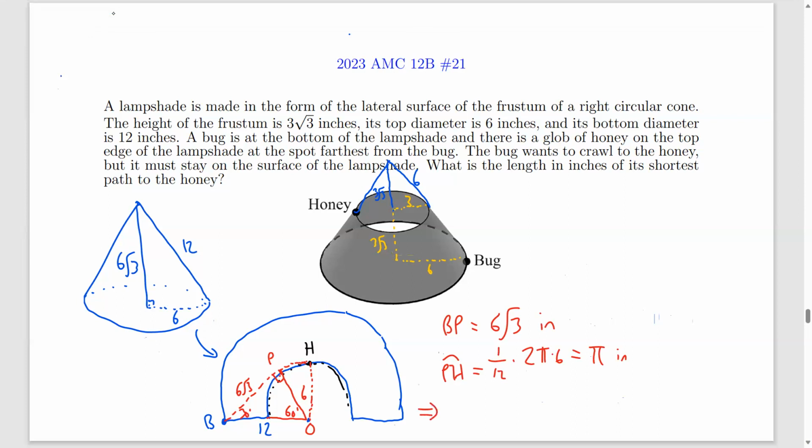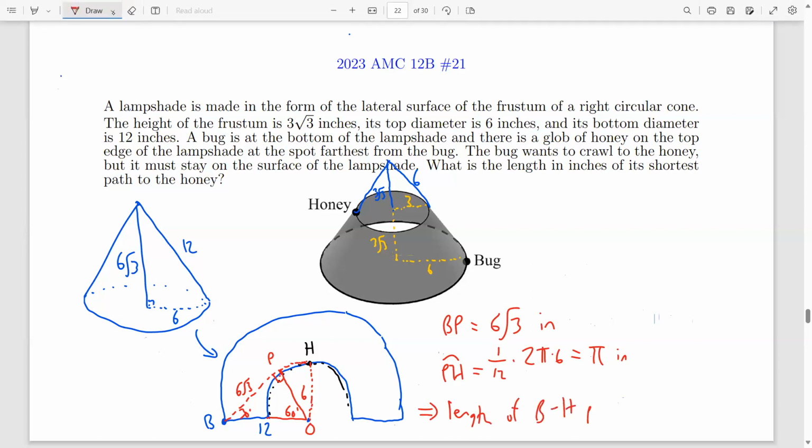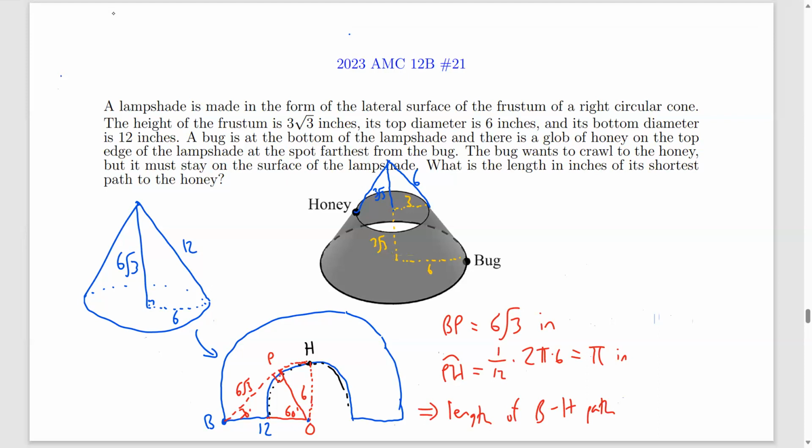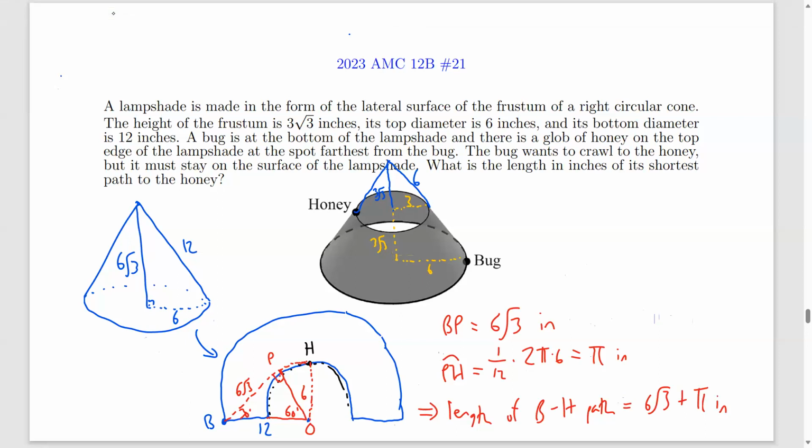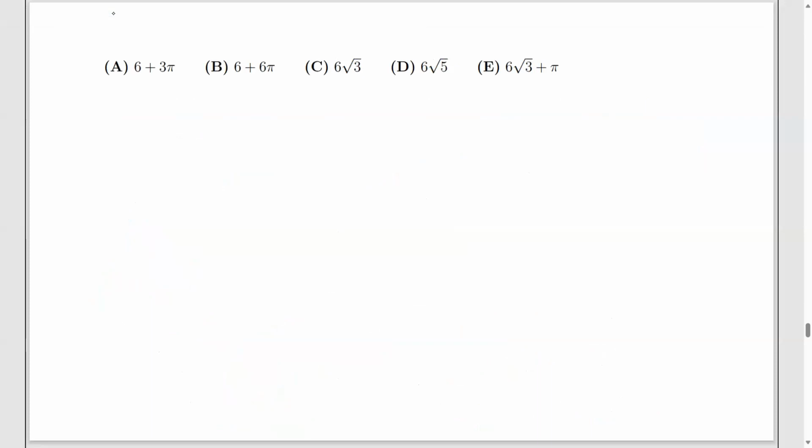So therefore, the length of the path from B to H, by adding up these two quantities, you get 6√3 plus pi inches. Now, looking at the answer choices on the next slide, we see that this is answer E.